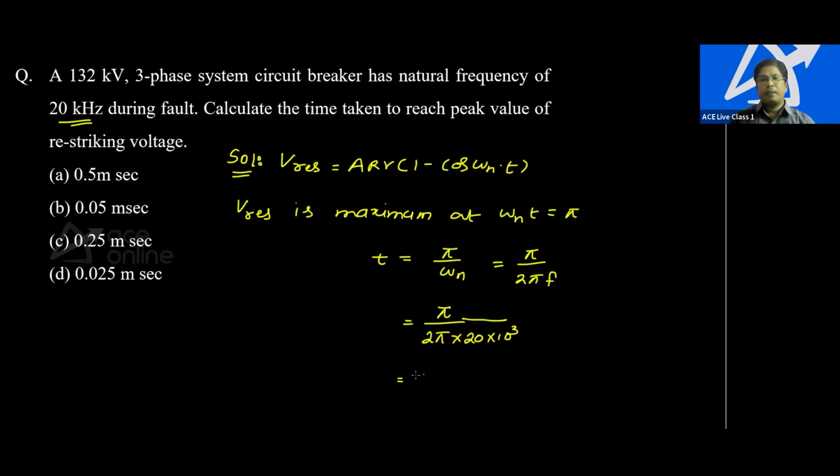It is 25 seconds. But 25 seconds is not given. So we can write as 0.025 milliseconds. Sorry, it is 10 power 3, right?